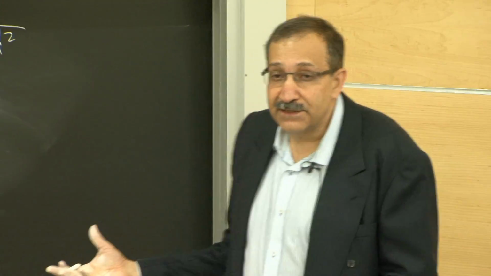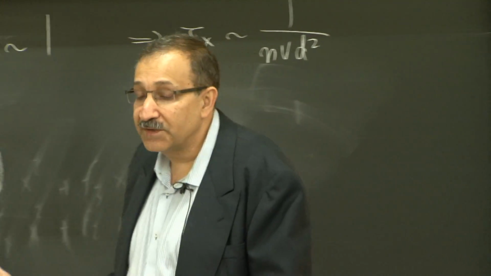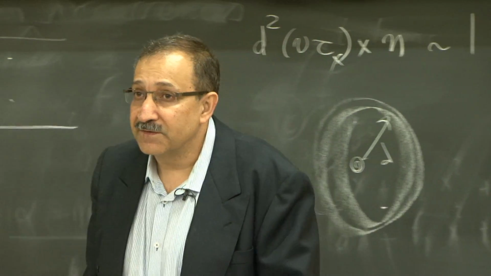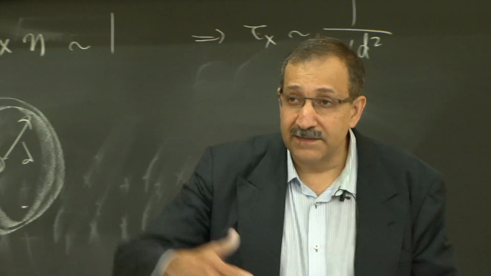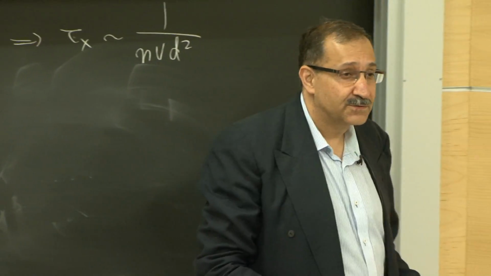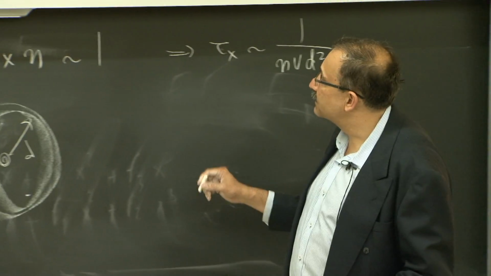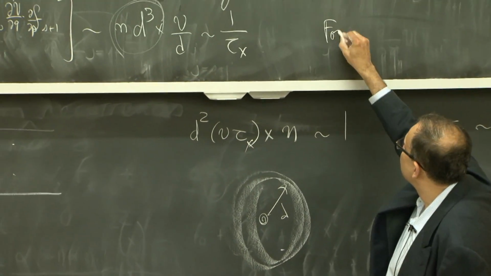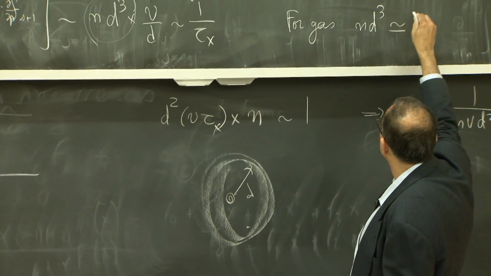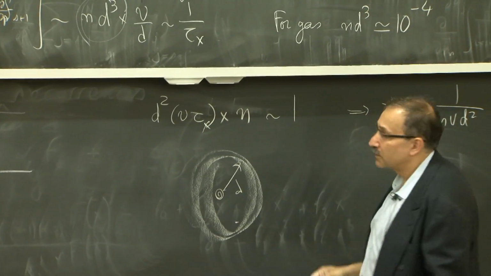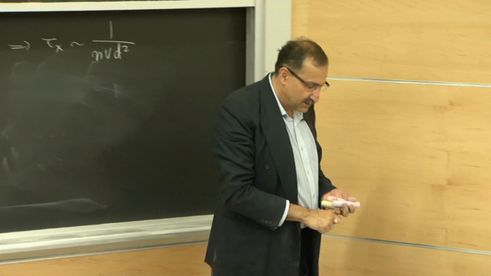Now, for the gas in this room, the range of the interaction is of the order of the size of the molecule. It is very small. And the distance between molecules in this room is far apart. And indeed, you can estimate that for gas, nd cubed has to be of the order of 10 to the minus 4. And how do I know that?